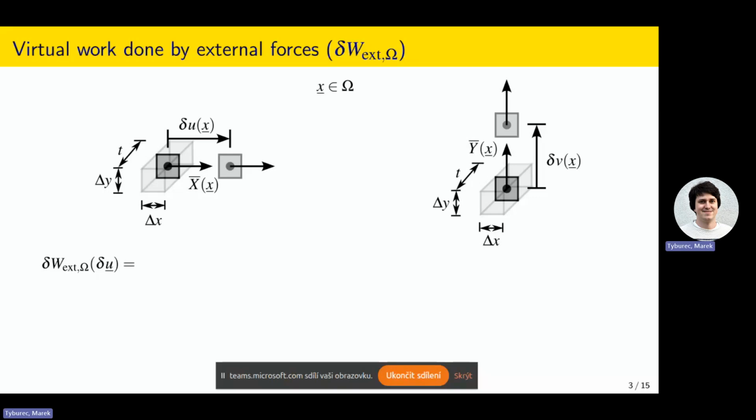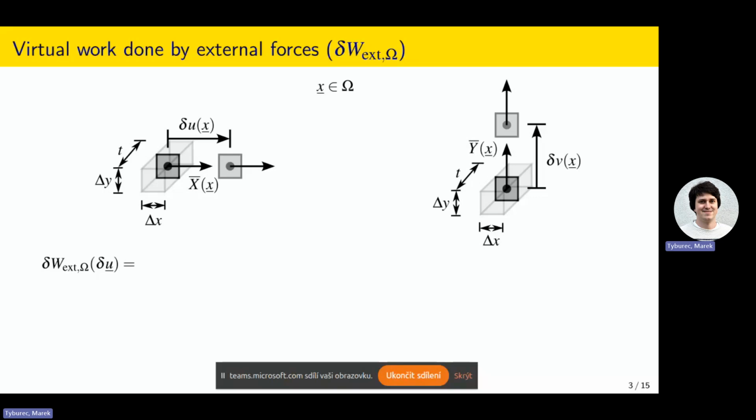And for this virtual energy, it is related to external forces, the external body load, and it's related to the body. It will be a function of some virtual displacement delta u, which you can see in this figure here.